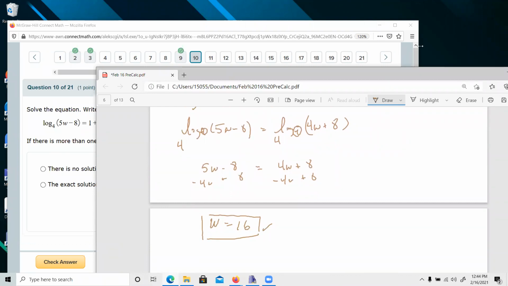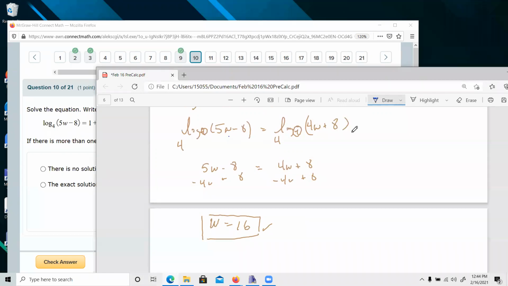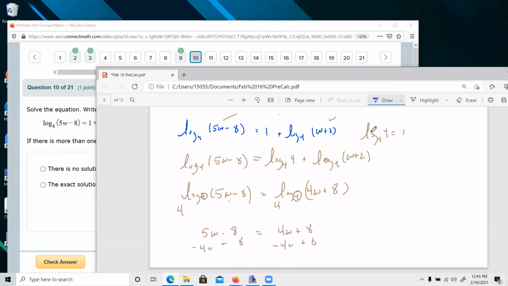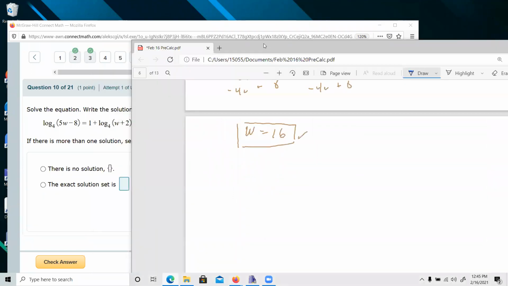How would I expect a student to do this one? What I would expect you to do is pull one of the logs to the other side. Log base 4 of 5w minus 8 minus log base 4 of w plus 2 is equal to 1.